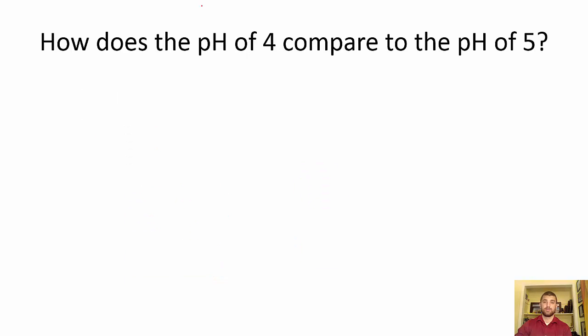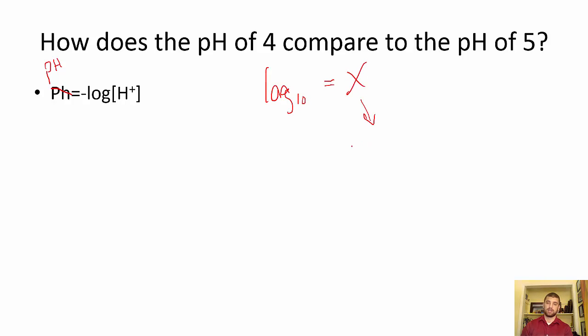All right, so question would be, well, how does the pH of 4 compare to the pH of 5? All right, how different are they? Well, you got to remember that it comes down to this equation, and that should be lowercase p, capital H. pH equals negative log of H plus, which, if you guys remember logs with base 10, so if I had log base 10 of 1 equals x, well, you can get rid of the log, and you'll get 1 equals 10 to the x, right?